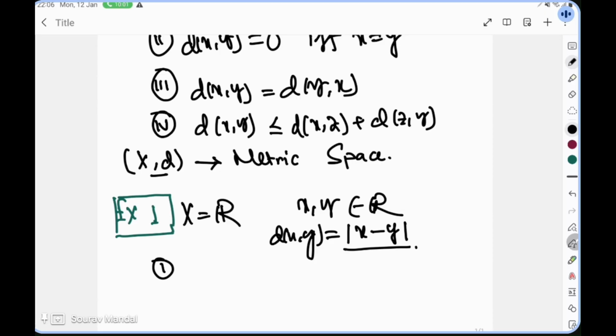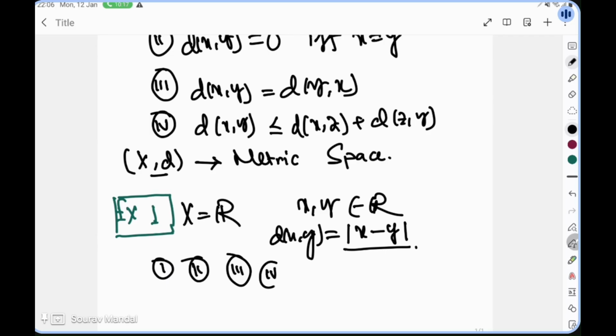So the first two conditions are satisfied. Now, what is our third condition? d(x,y) is modulus of x minus y, which is the same as the modulus of y minus x. So the third condition also holds true.